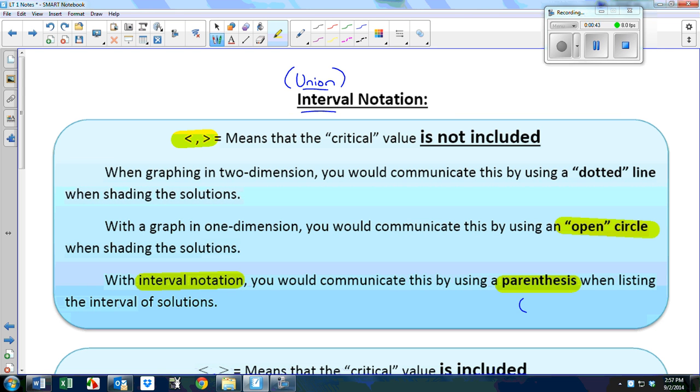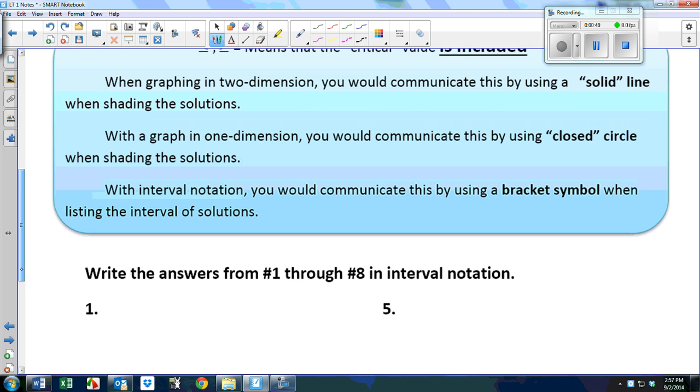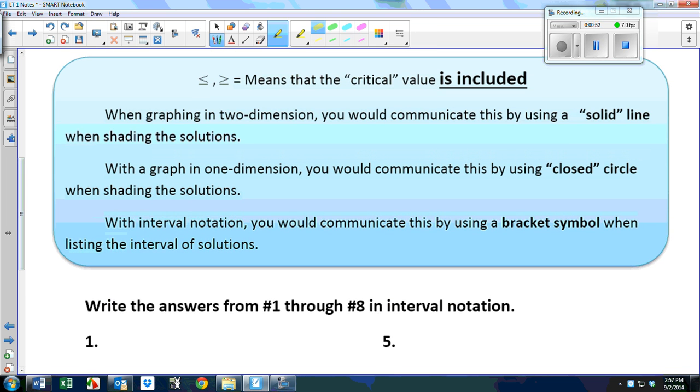We'll explain how in just a minute, but parentheses represent open circles. When you're communicating a less than or equal to or greater than or equal to, the critical value is included, so we use a closed circle. And in interval notation, we'll use a bracket symbol. And a bracket looks like that.